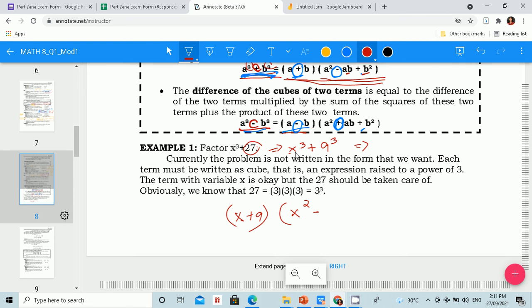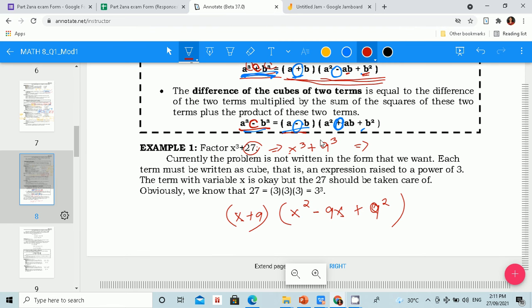What is a times b here? X times 9, that is 9x. Plus we have b square, that is 9 square.